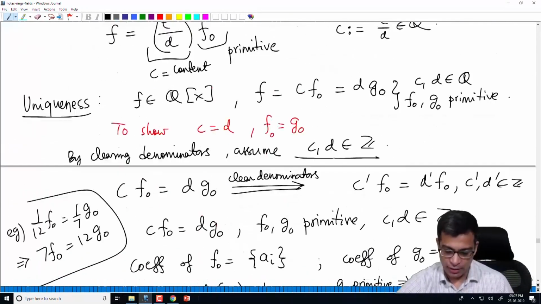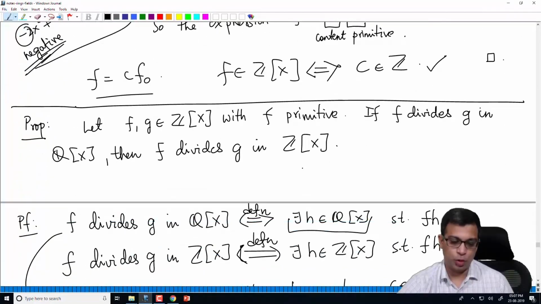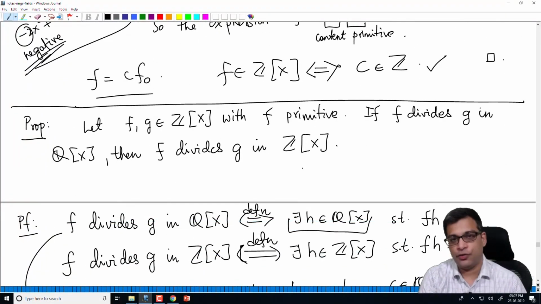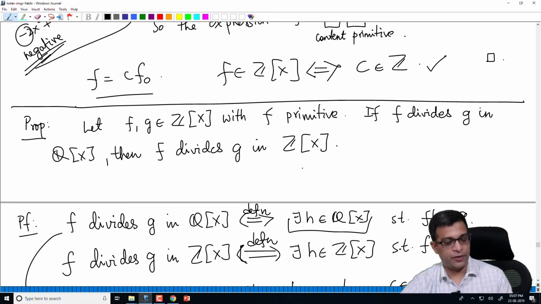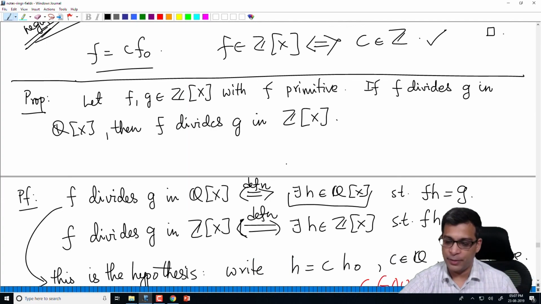Once we have that, we are able to prove this very crucial observation: if you have two integer polynomials f and g, and f is primitive, and f divides g in Q[x], then f divides g in Z[x]. This is in general not true: if two integer polynomials have the property that one divides the other in Q[x], it doesn't mean that it divides it in Z[x]. We need the fact that it is primitive.